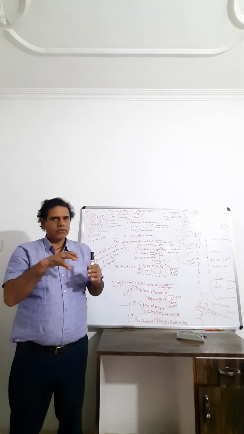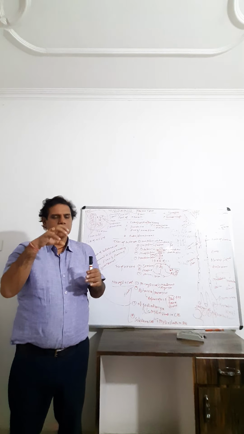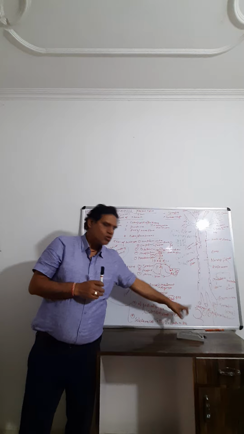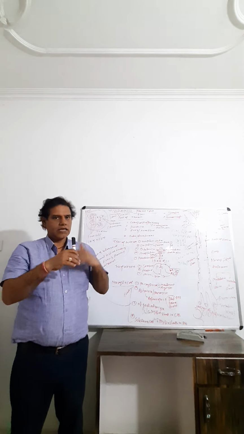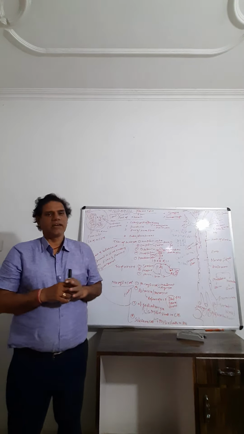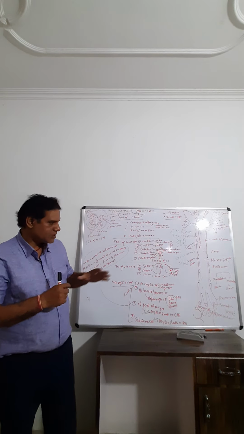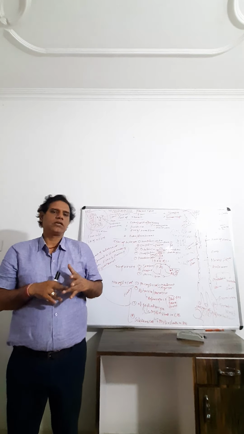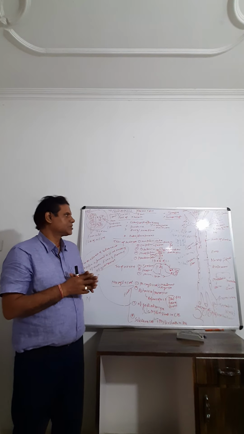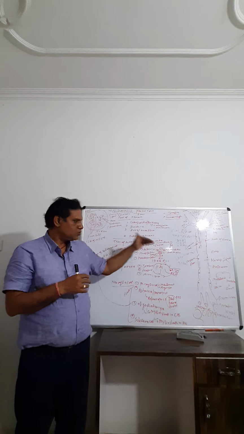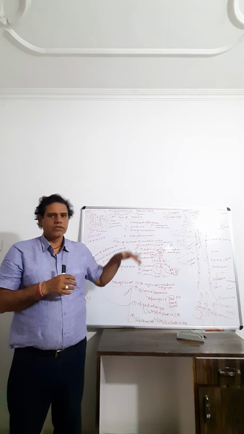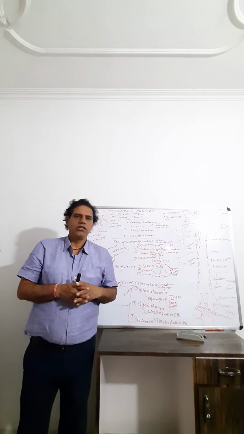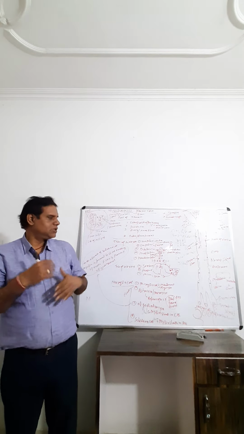It is filled with neurotransmitters. The presynaptic membrane, postsynaptic membrane and synaptic cleft are collectively called the synapse. The transmission from one neuron to another neuron happens with the help of the synapse and neurotransmitter. And a neurotransmitter may be excitatory or inhibitory.